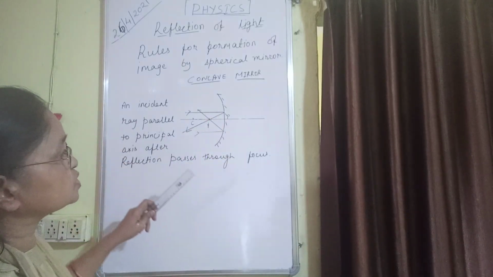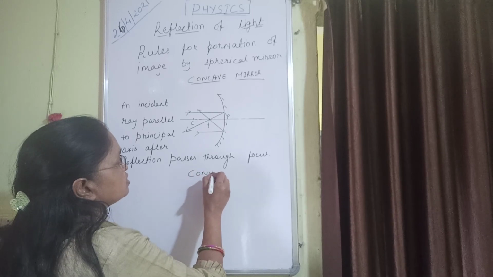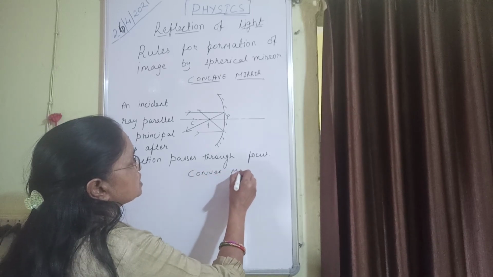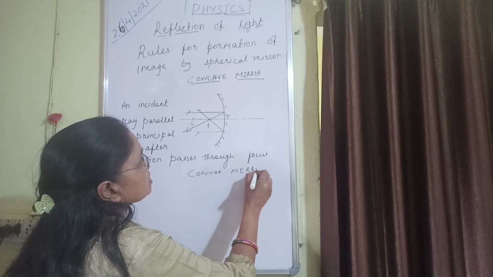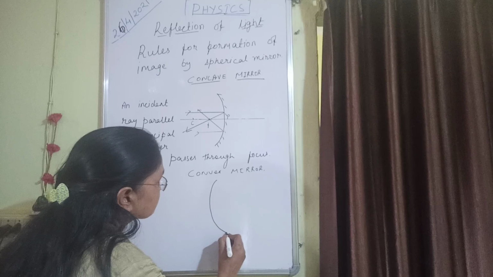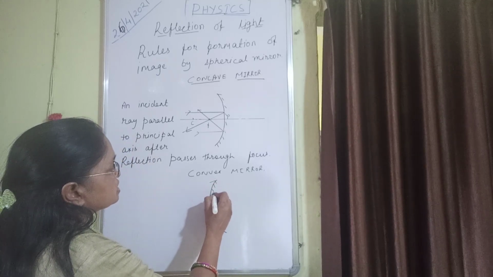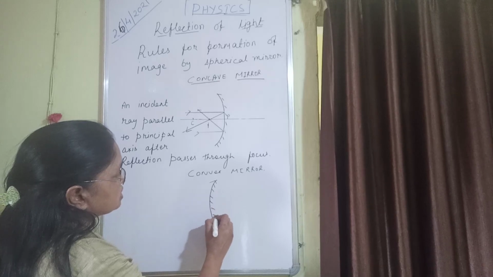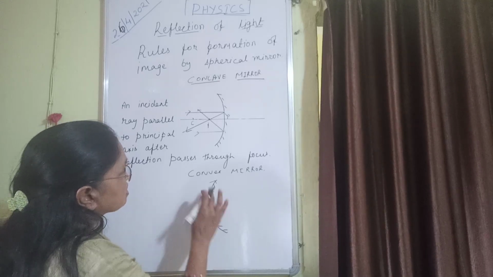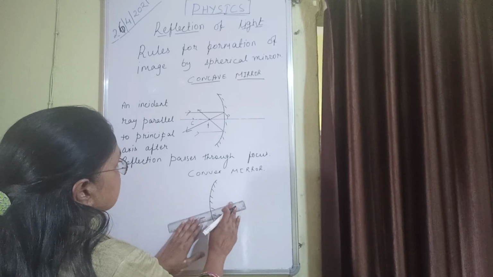अगर यही first rule को हम लोग convex mirror में डाल दे तो क्या होगा? So now you see this for convex mirror. Here mirror I have drawn, polished it, so that complete mirror is like this, and the principal axis you will draw.